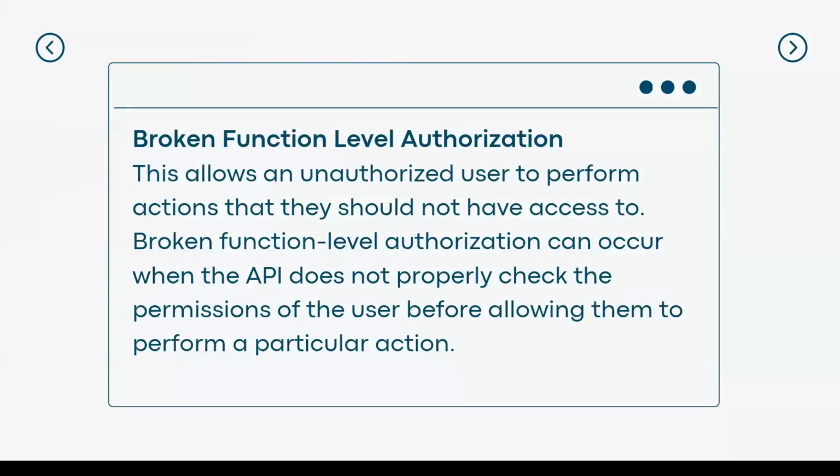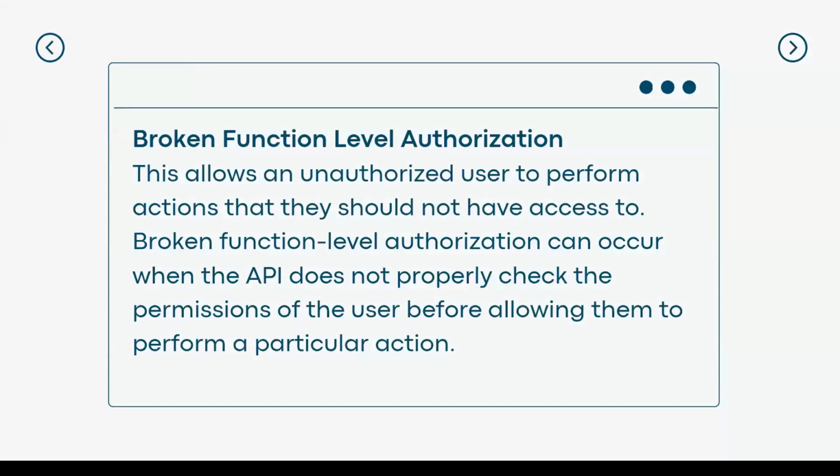Broken function level authorization is not very different from broken object level authorization. The only difference is that for BOLA, you can only access a resource that doesn't belong to you, that belongs to another user. Let's say user A accesses a resource that belongs to user B, and can see the transactions that user B has made.